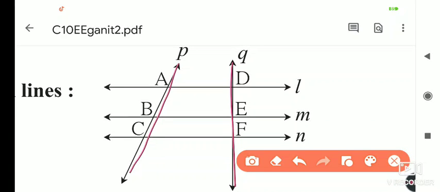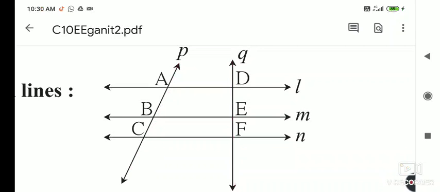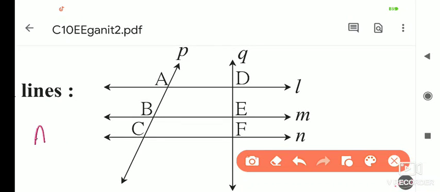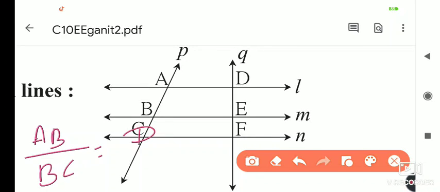They make the intercepts AB and BC on P, and DE and EF on Q. So we know that if three parallel lines are intercepted by these two transversals P and Q, then the ratio of AB upon BC equals DE upon EF.